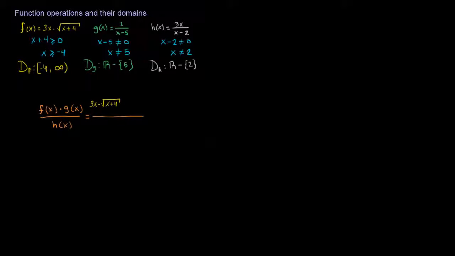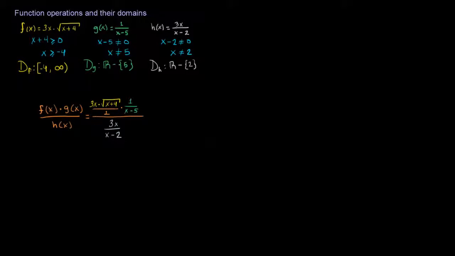Here I'm going to place g of x, which is 1 over x minus 5, and in the denominator, h of x, which is 3 times x over x minus 2. I'm going to write this first term over 1, just to make clear what I'm doing here. And this will be multiplying 1 over x minus 5.